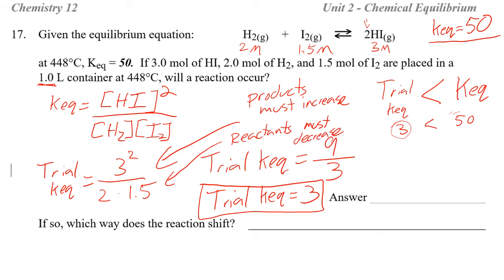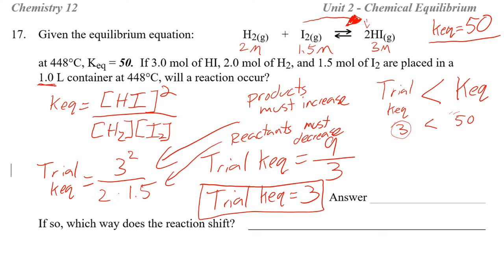Once the products increase, the reactants decrease. It is a fraction, okay? And then that means it'll start to approach KEQ. So when those products increase, that means it needs to be shifting to the right. If it shifts to the right, the products will increase and the reactants will decrease.